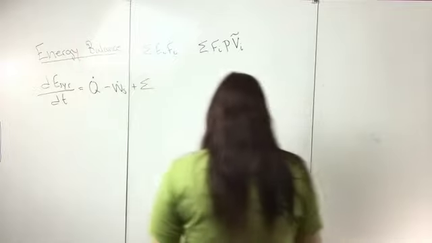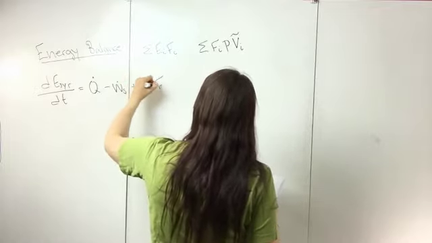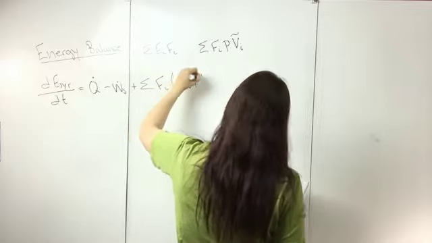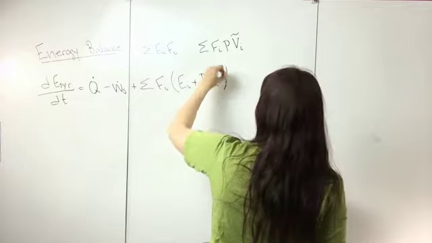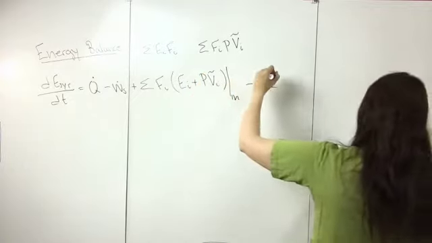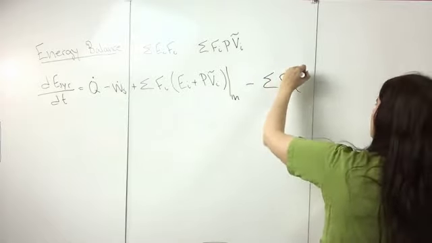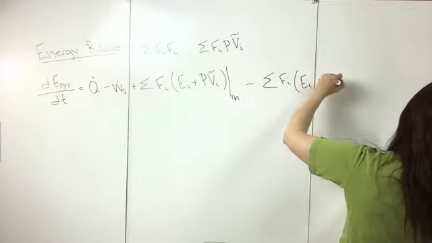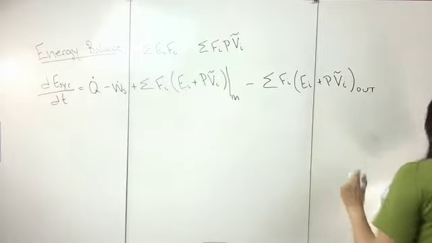So doing that, I have the sum of Fi (Ei plus P Vi), and this is in, minus Fi (Ei plus P Vi), and this is out.